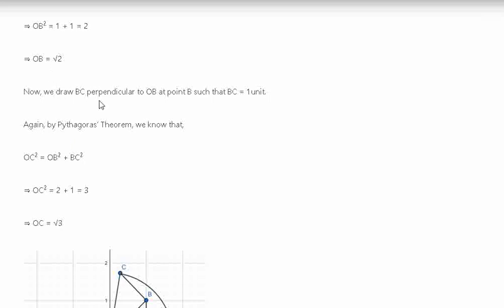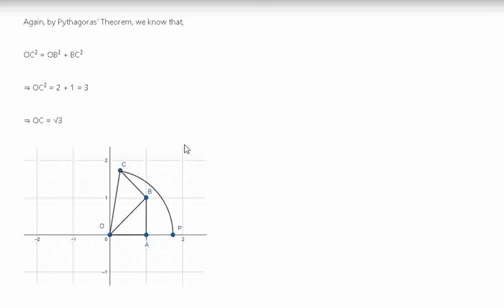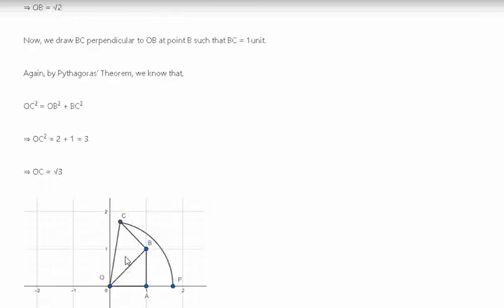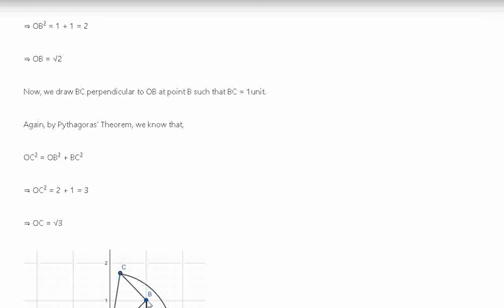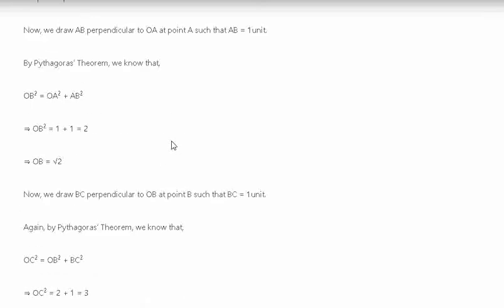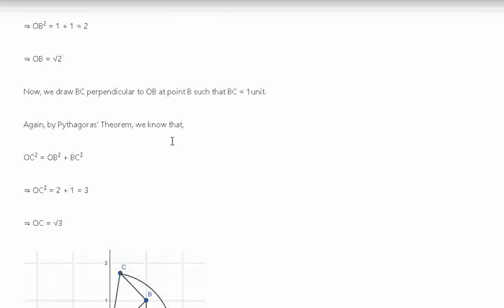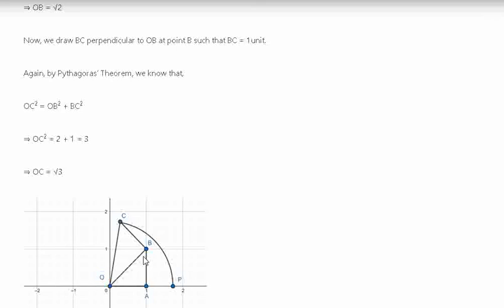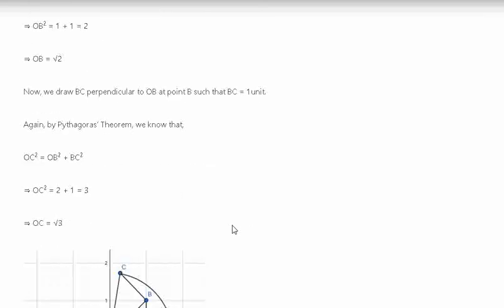Now OB, the value we know is root 2. Now we draw BC perpendicular to OB. Here BC is perpendicular to OB, which means this is also a right angle, and finding the value of OC is very simple. BC is perpendicular to OB at the point B such that BC equals 1 unit.